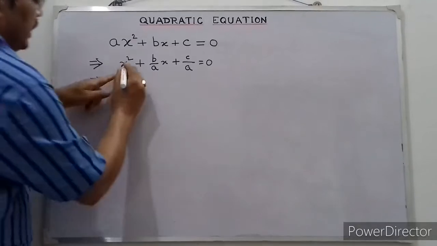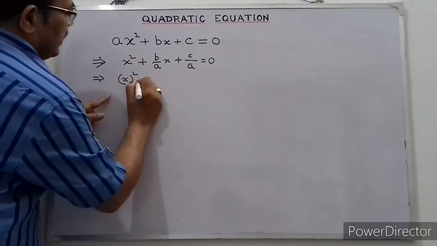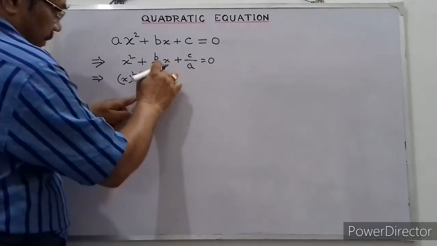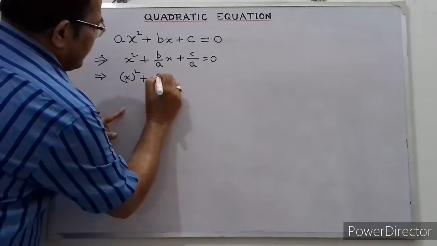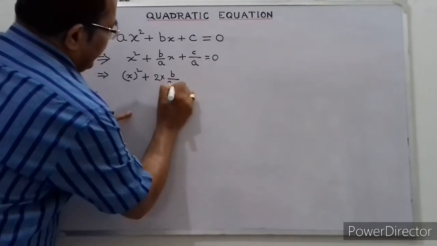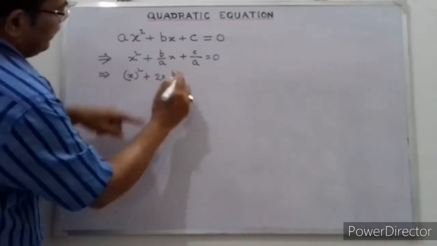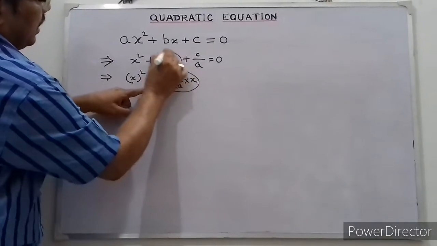Now, this is x square, that means whole square of x, plus I will write b by a x as 2 into b by 2a, that is nothing but b by a into x. So this term is same as this one.